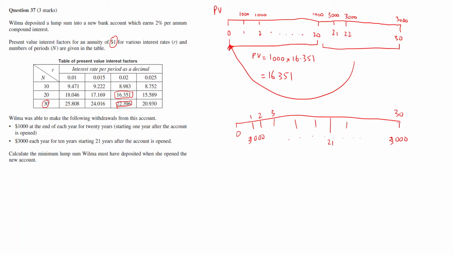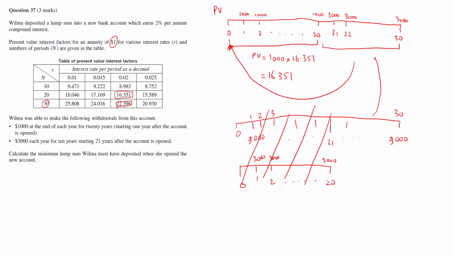So we take this 30-year present value, and from there we subtract the present value of the 3,000 annuity for 20 years. We subtract this bit from this bit, then this would be gone, and all we would be left with would be this, as at present value 0. So that's what we're going to do.